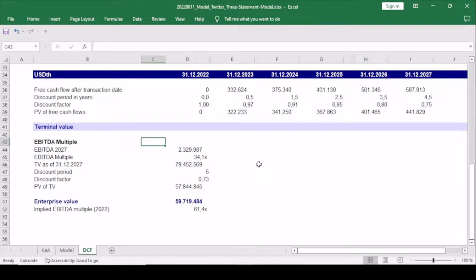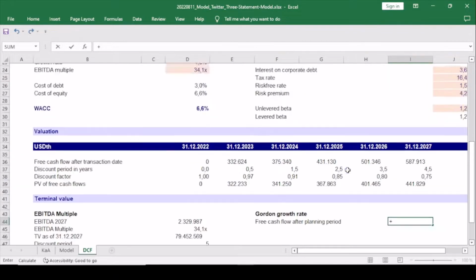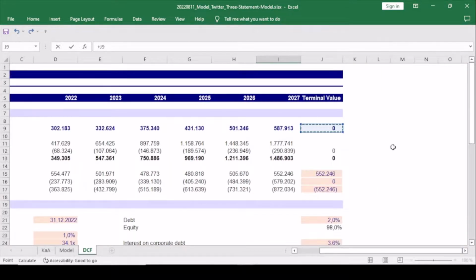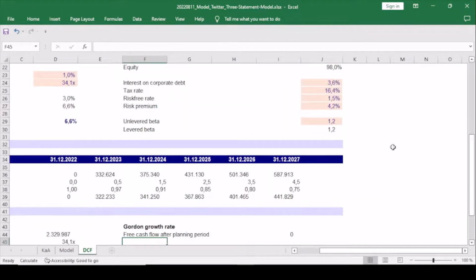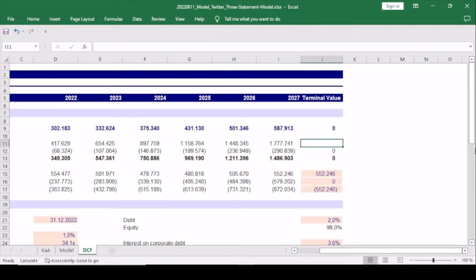So the second way, as I said, is the go-on growth rate, which is considering the above free cash flow after the planning period, which we have to calculate, as I said before.